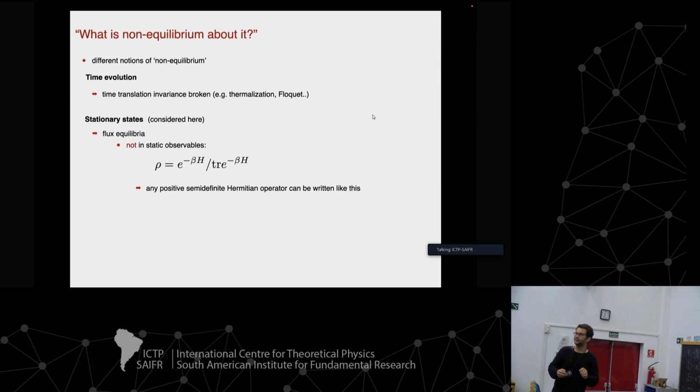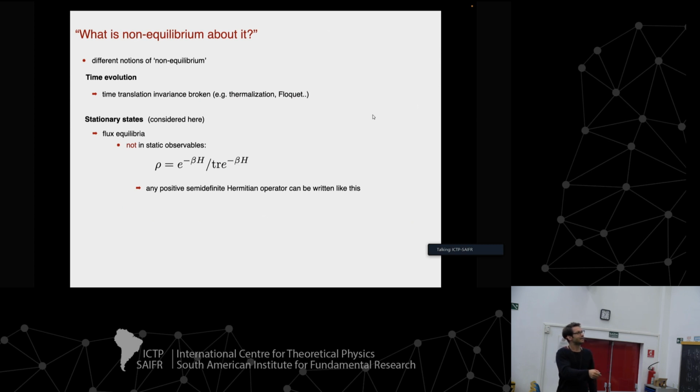And one thing I would like you to understand from scratch is that the decision on whether a system in a stationary state is in or out of equilibrium is not made by just staring at the density matrix. Because the density matrix, I can always write as a Hermitian operator rho as the exponential of something Hermitian.